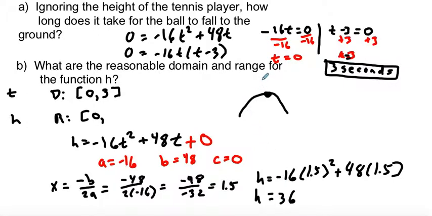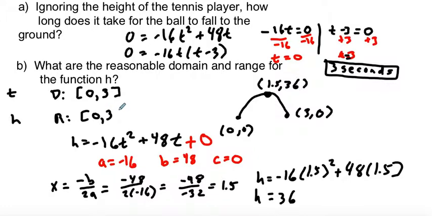So this point up here is simply 1.5 and then 36. And then it hits the ground over here at 3, 0. And then it starts over here at 0, 0. All right, so the highest height that it can reach is 36.